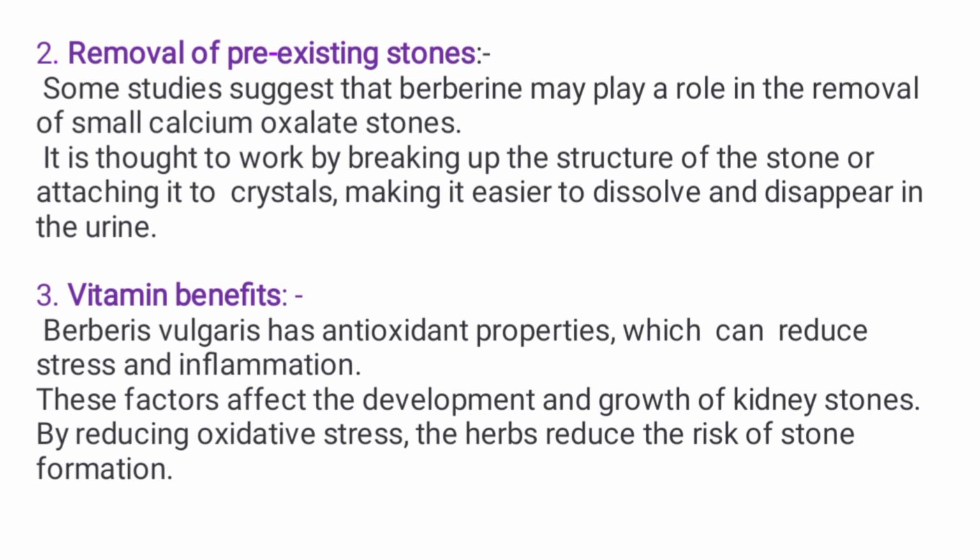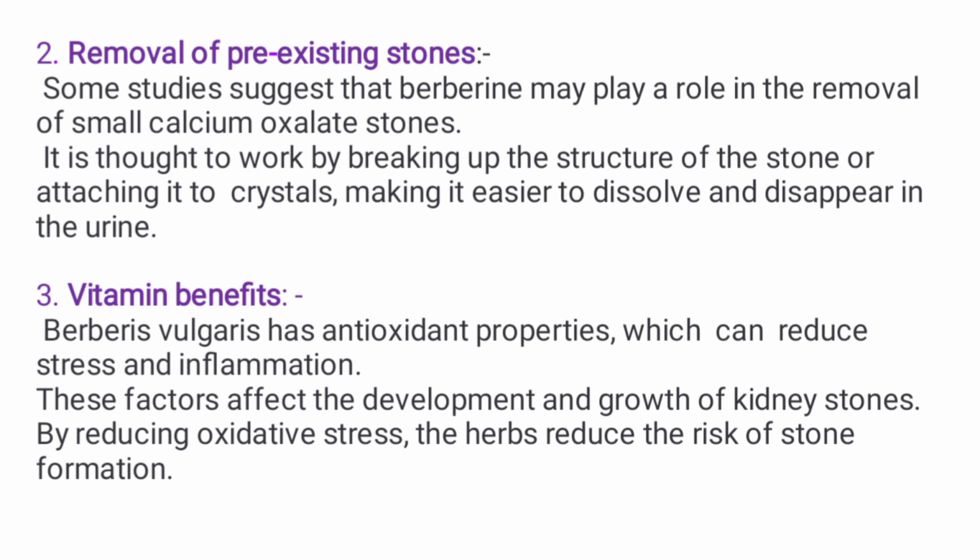Some studies suggested that berberine may play a role in removal of small calcium oxalate stones, as it is thought to work by breaking up the structure of the stone or attaching to crystals, making it easier to dissolve and disappear in the urine.